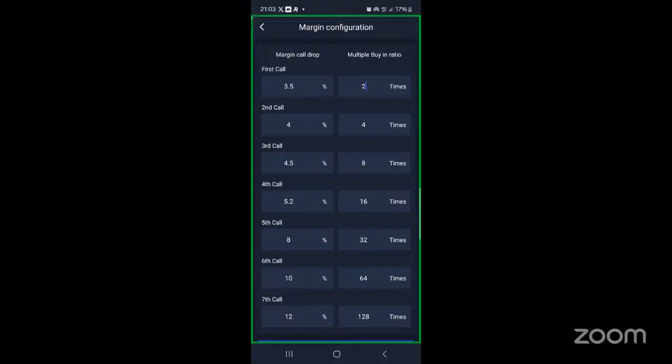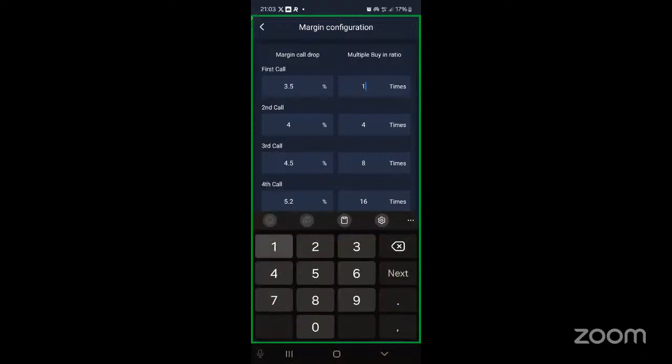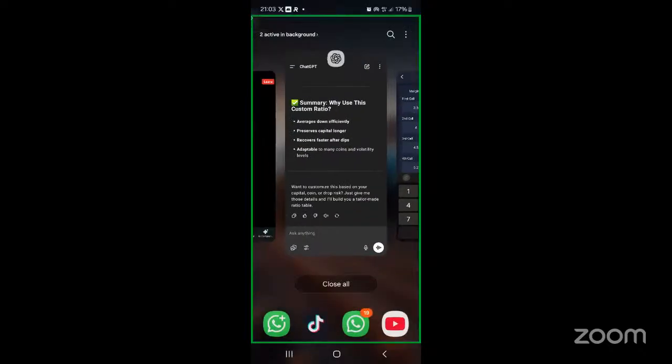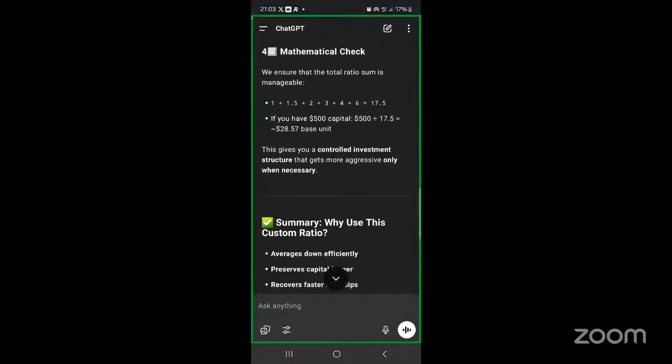So we come and put here 1, 1.5, 2, 3, 4.